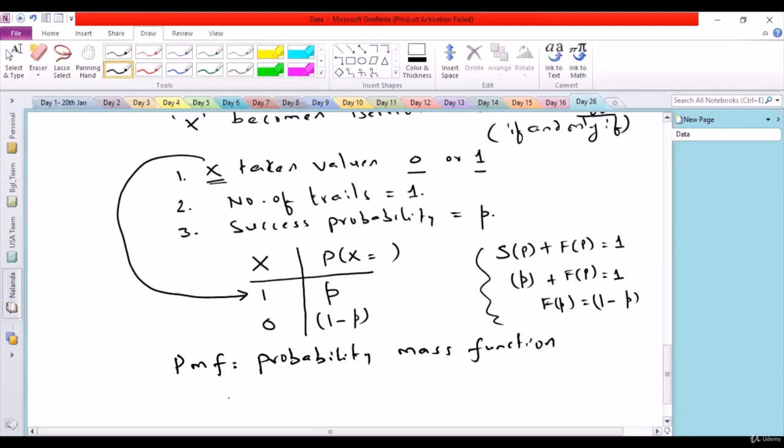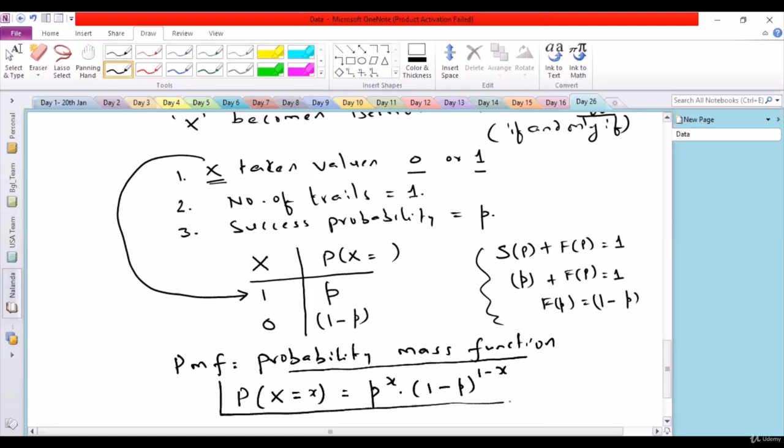If it is a continuous random variable, it is called the probability density function. Because it is discrete, we call this the probability mass function. This probability mass function will give you the distribution of the probability. My probability of my random variable x at a small x equals p to the power of x multiplied by 1 minus p to the power of 1 minus x. This is the formula for calculating the probabilities when the data is Bernoulli.